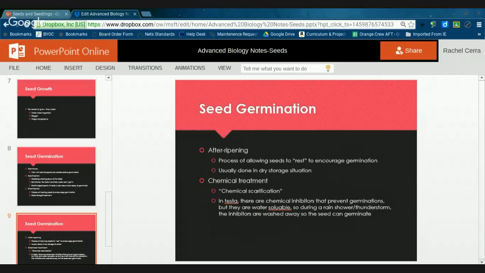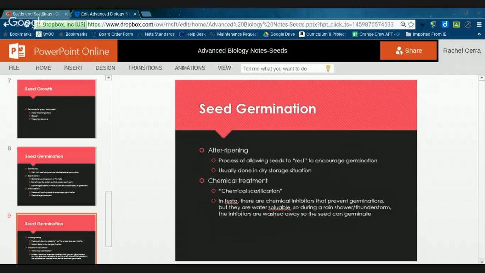And so what I've got here is that sometimes in the testa, they've got a chemical inhibitor that's protecting the seeds, almost like another protected layer that will prevent the seed from germinating.